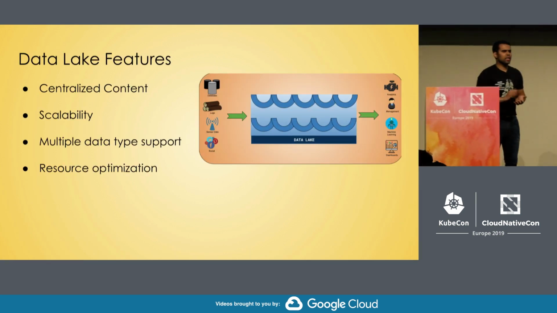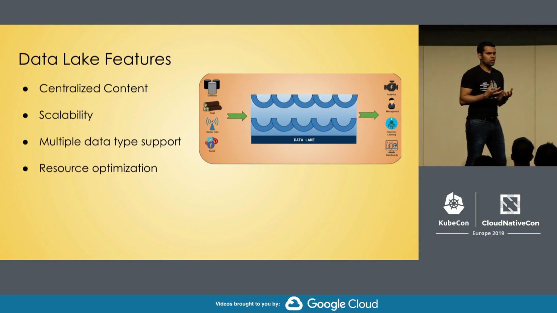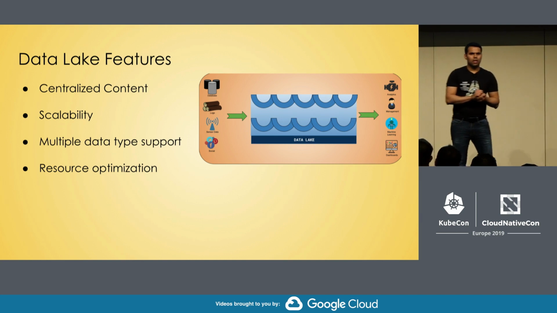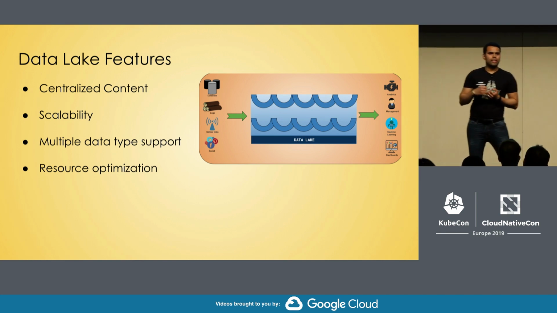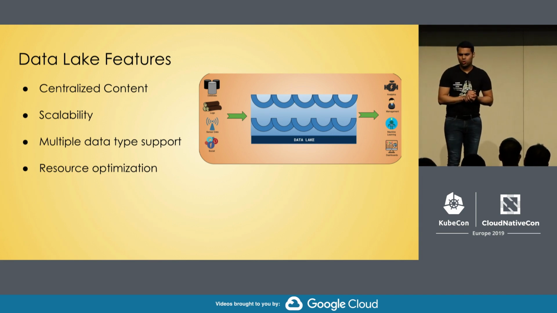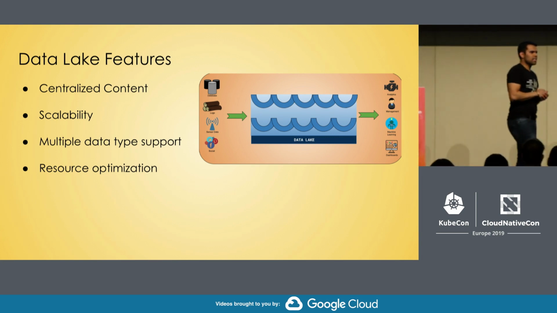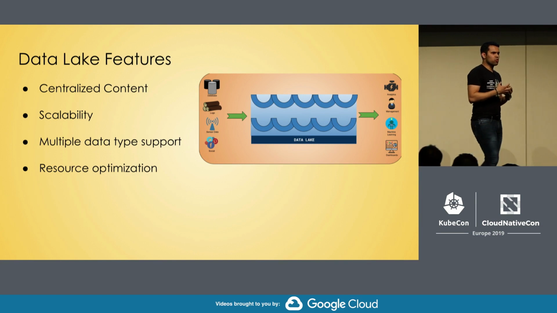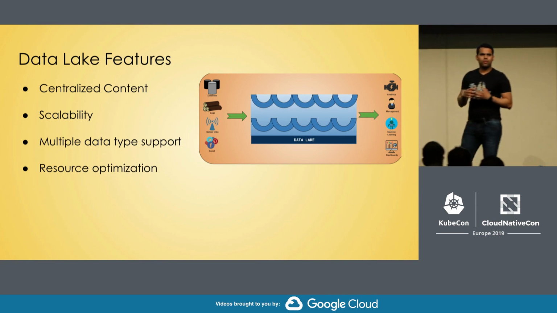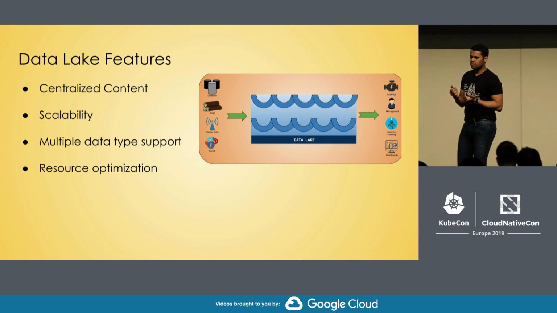Some of the features of data lakes are centralized content. You can store your data from different sources in this data lake. And once it is stored, you can later use it for applications like machine learning, for analysis, whatever you choose. Since this data lake is like a central store for your entire division or for your entire unit, it is capable of significant scalability.